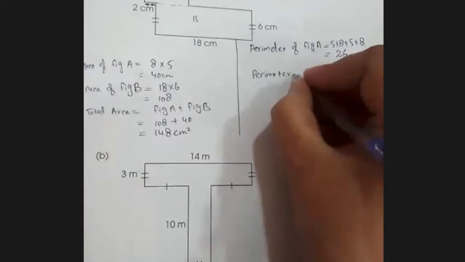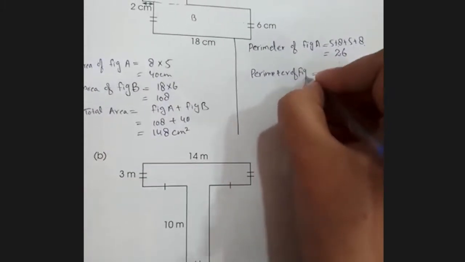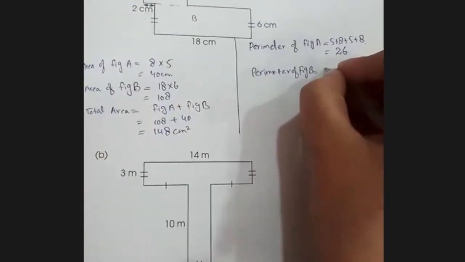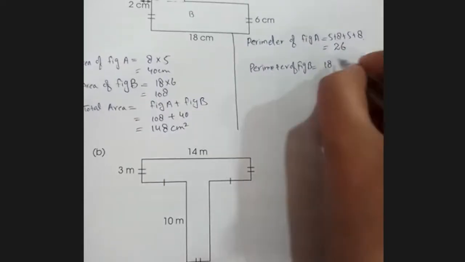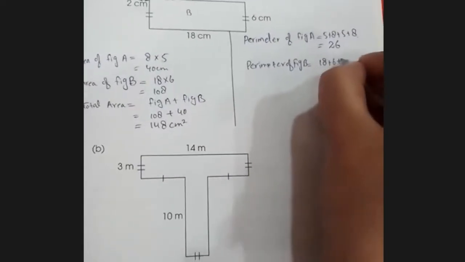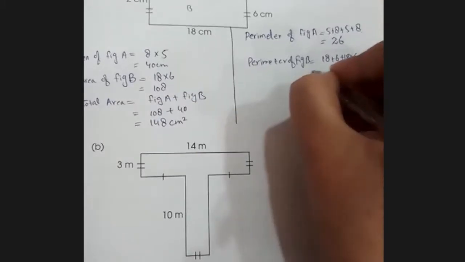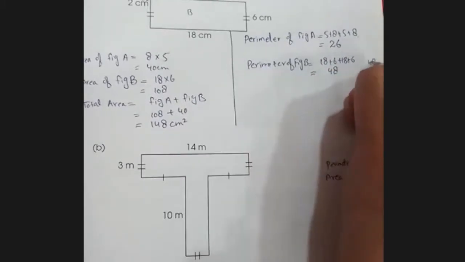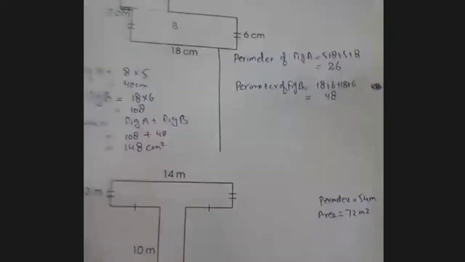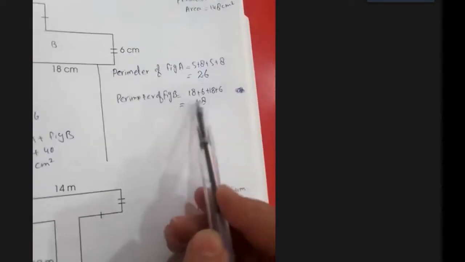So perimeter of figure B is equals to 18 plus 6, length plus breadth, length plus breadth. That is equals to 48. When you add 62, 26 and 48, we have to add all the sides. When we add all the sides, we will get the perimeter.